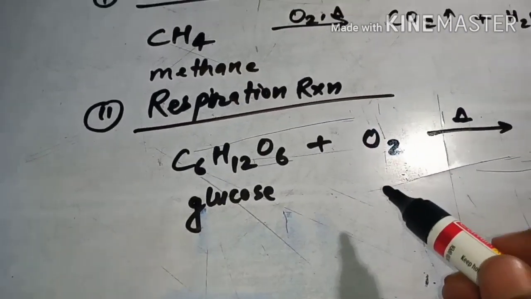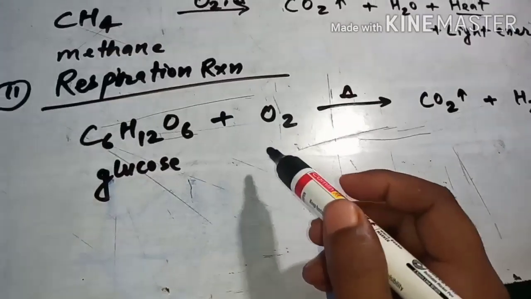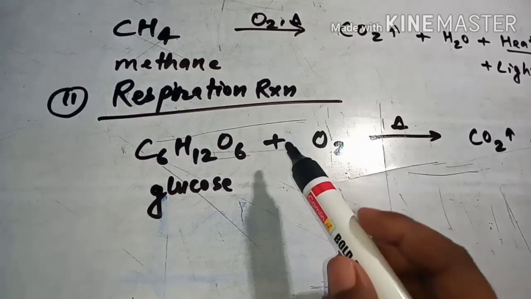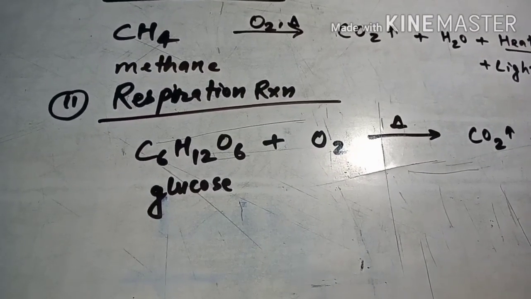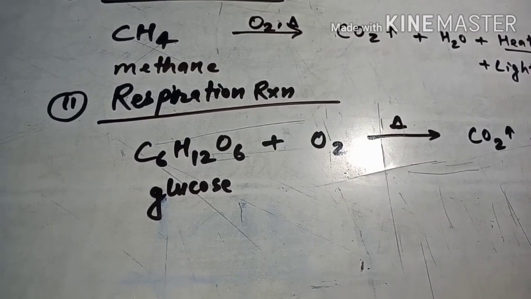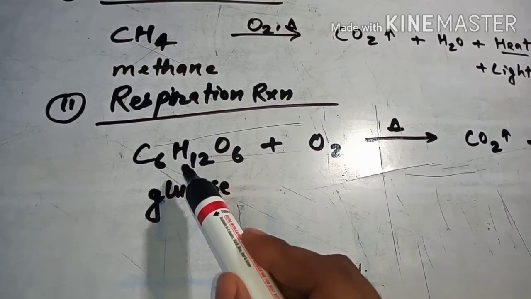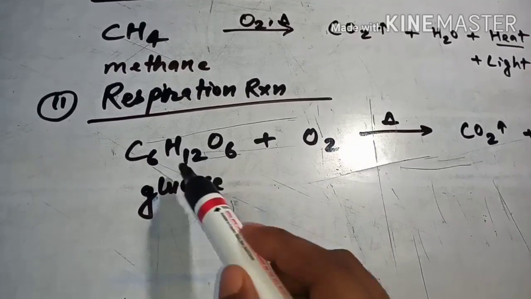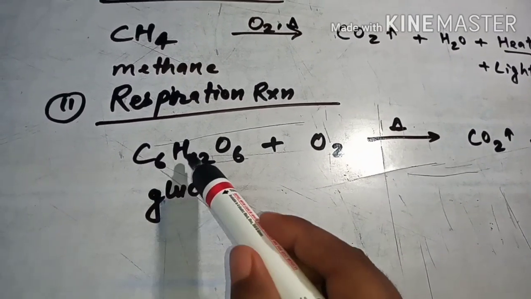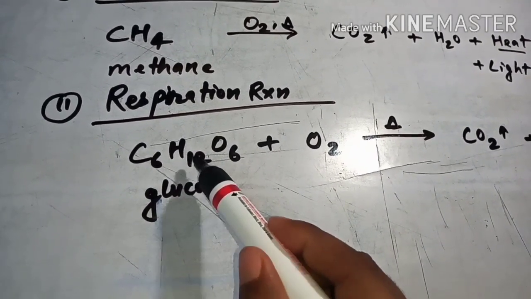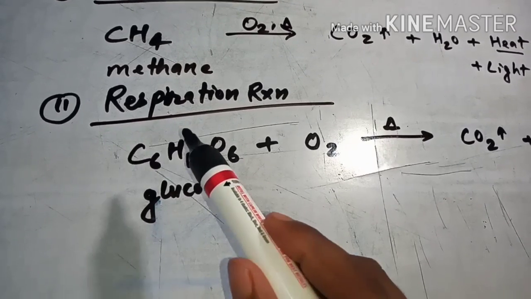Now see, is this reaction balanced or not? For balancing a chemical reaction, you need to focus first on the element whose number is larger. Here the number of hydrogen atoms is 12.